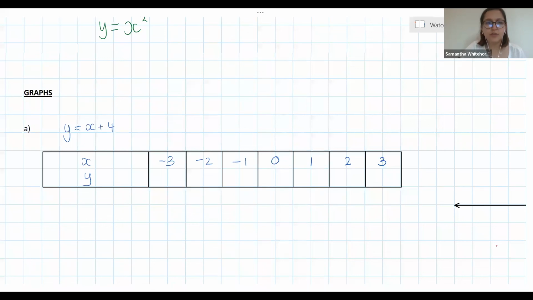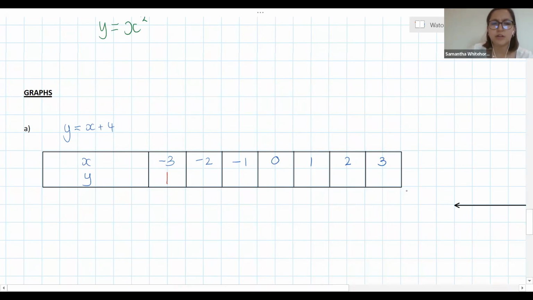Tabang, do you want to give us the first one? What is your output when your input is -3? Ma'am, the answer is 1, ma'am. Excellent, well done. So -3 plus 4 gives me an output of 1. Well done. Sammy, tell me the output for -2.